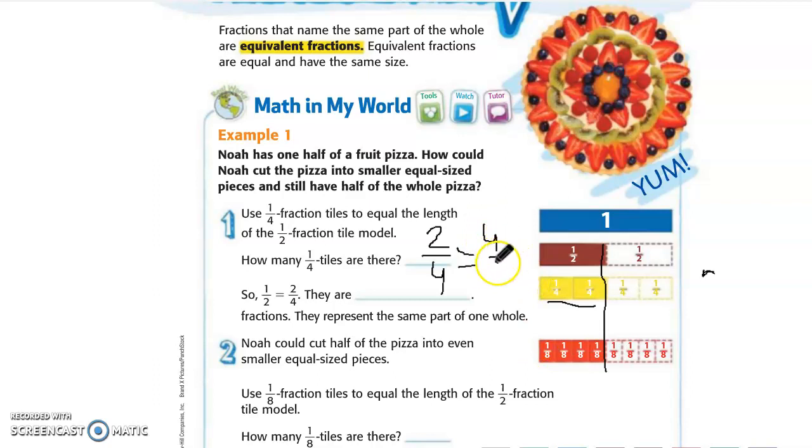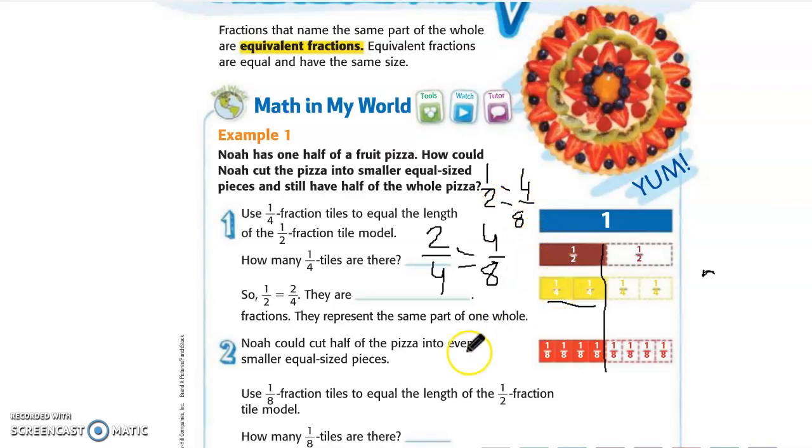I can also say that 1/2 is equivalent to 4 eighths because if you look back down at that picture, right down here, this size again was the same as that 1/2, so these are also equivalent.